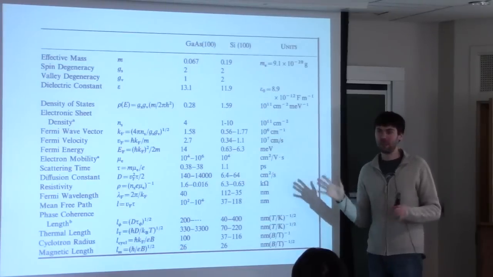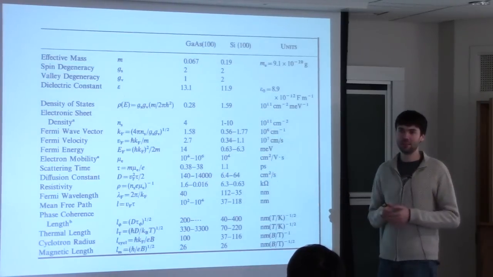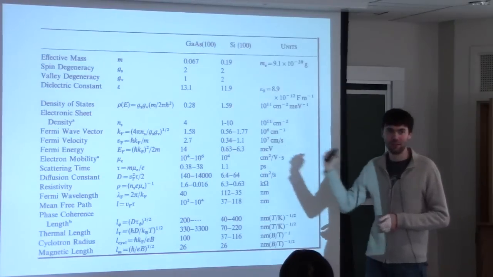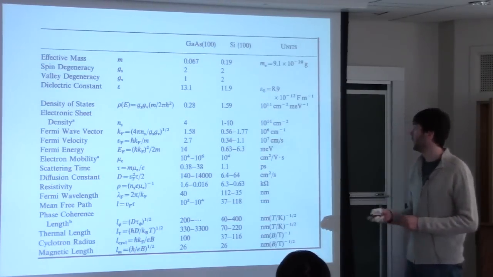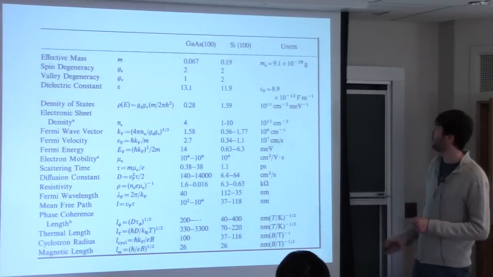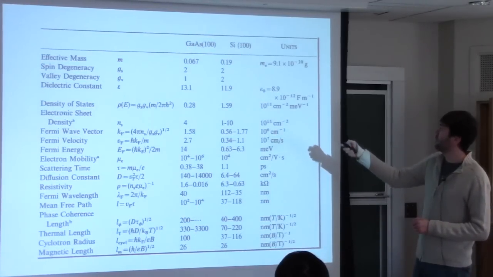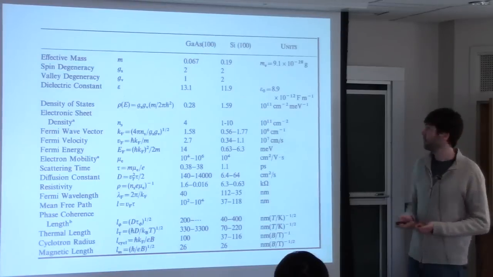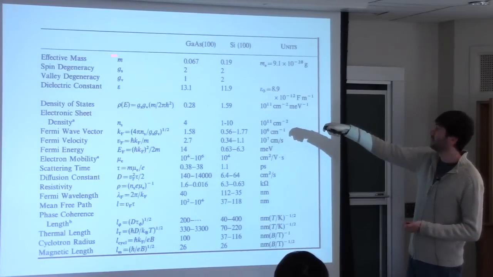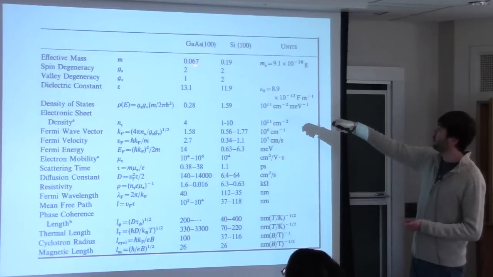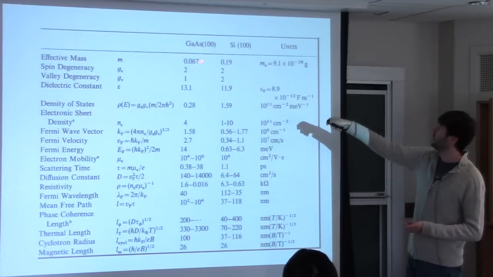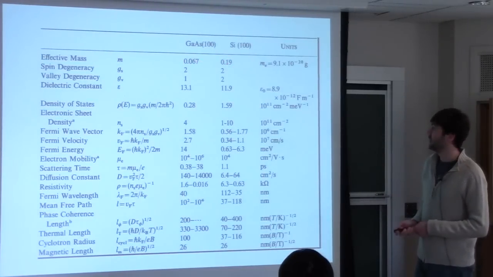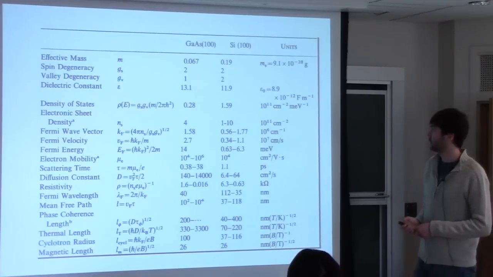If you need to navigate all these different length scales and energy scales, just go to Beenakker and look at this table. It also gives characteristic values for two of the important semiconductors. For example, the effective mass for gallium arsenide is very low. This is in units of the electron mass in free space. So the effective mass of gallium arsenide is very low, and in silicon it is quite a bit higher for electrons.